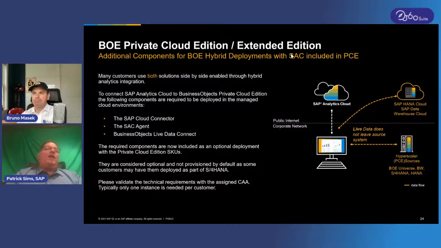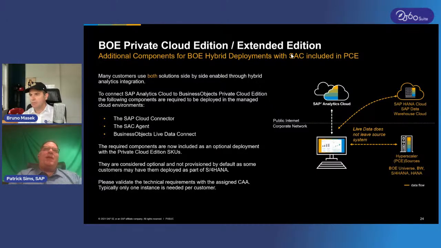Okay. And also on the SAC subject, there are some key things we would want to do if you want a hybrid environment where you're using your BobJ along with your SAC. We have options available to you when you stand up PCE to install and configure these 3 components, which we need if you want to marry up SAC and BobJ. That's actually been popular.